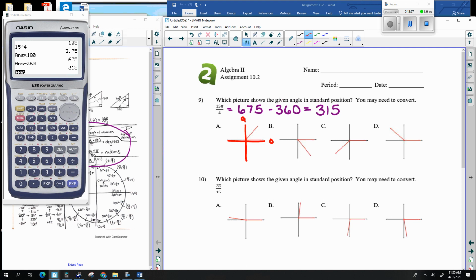Again, 0, 90, 180, 270, 360. 315 is bigger than 270, so it's kind of in between, down there somewhere. And the only one that looks anywhere close would be this one.